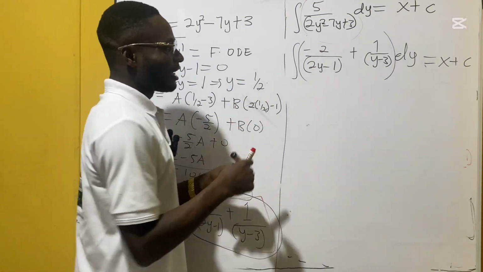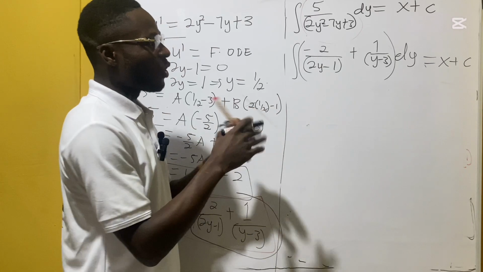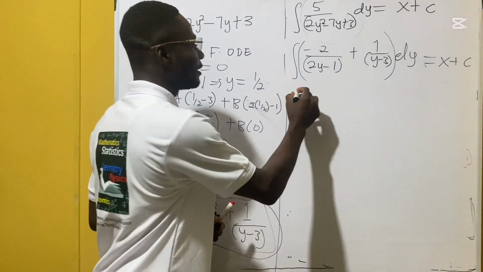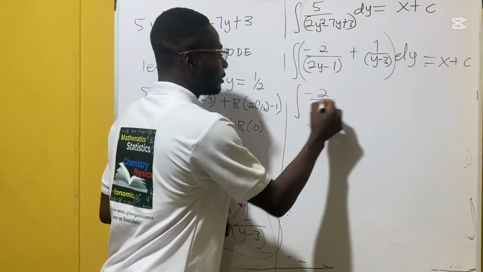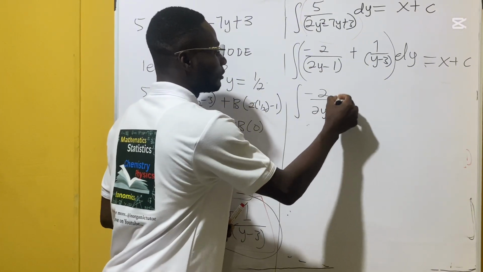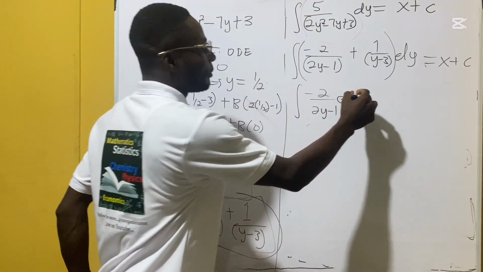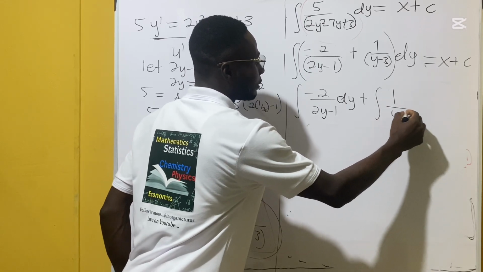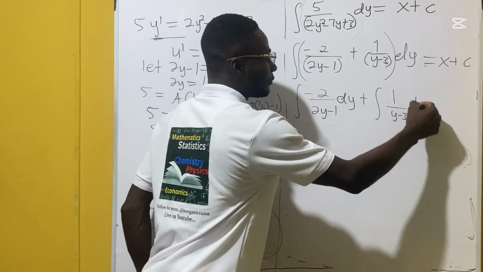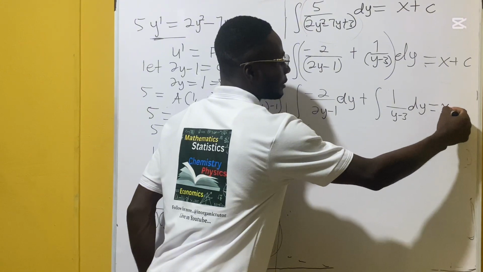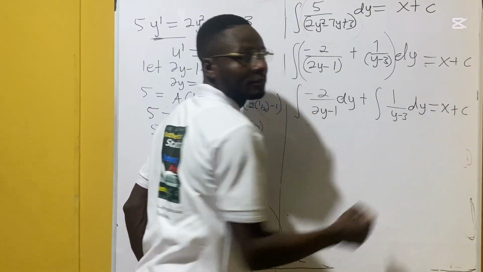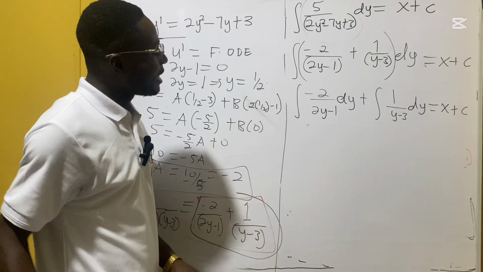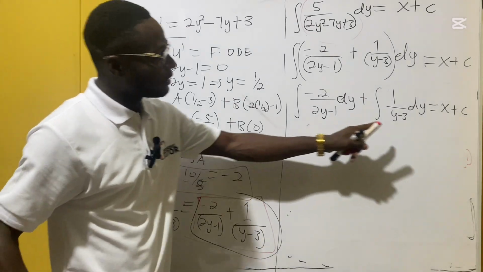So we can decide to separate them or integrate straightforward. But to make work so easy, let's separate the functions, plus integral of 1 on y minus 3 dy, and that is equal to x plus c. So we can go ahead and integrate this, integrate that.